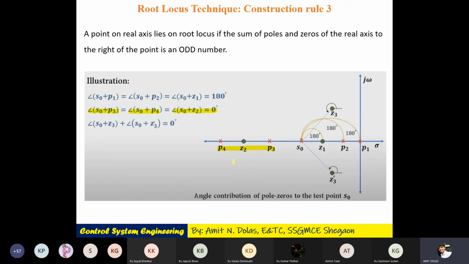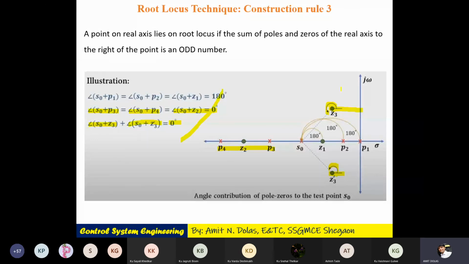That angle is 0. And what about the angle of this Z3 and Z3 dash combinedly? So ऐसे एक लाइन हमने ड्रॉ किया है, यहाँ से यहाँ एंगल देख रहे हैं हम. So it is this angle, और सेम लाइन पे इसका एंगल अपोजिट. So if you sum these two angles, that will be equal to 0. So the summation of the angle of Z3 and Z3 dash will be 0 degrees.